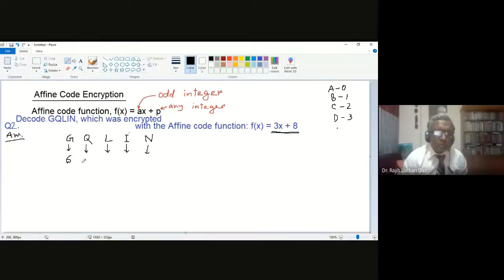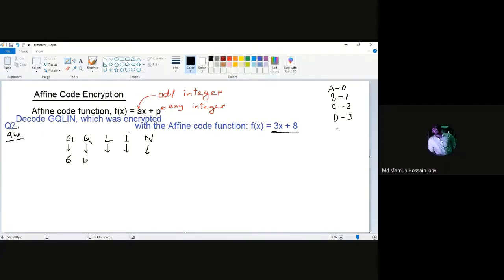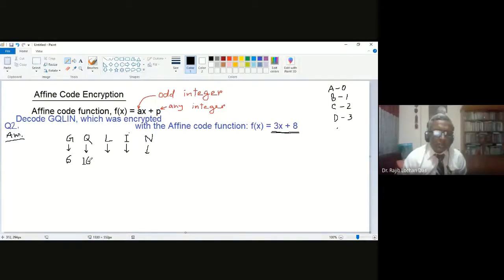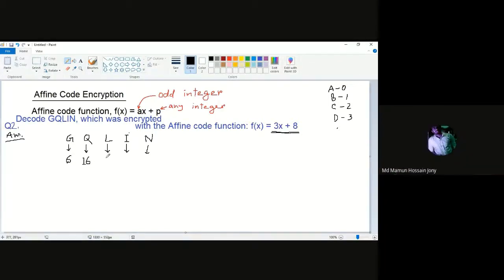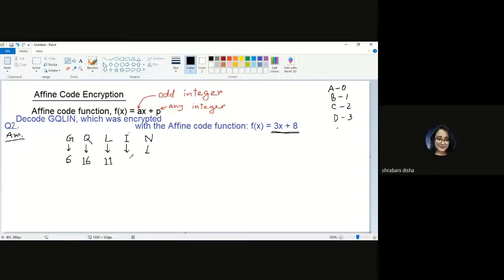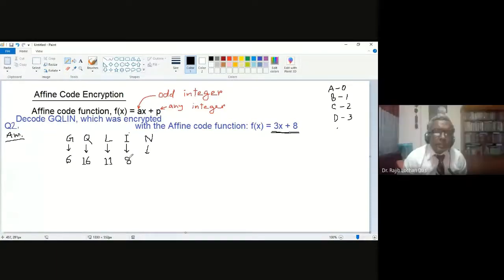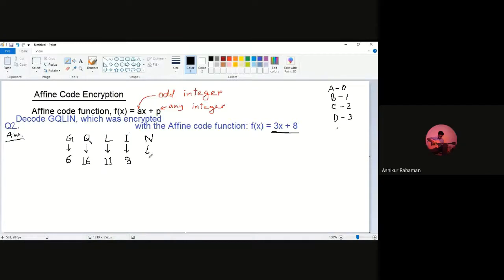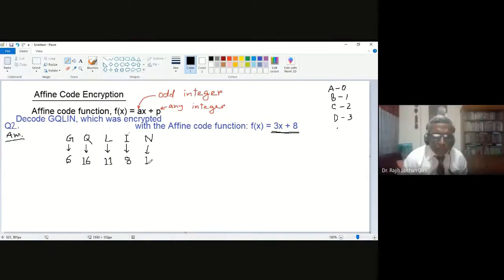What is Q? 16. Okay, 16. And what was L? 11, sir. Okay, good. And what was I? 8, sir. 8. Good. And what is N? 13, sir. 13. Okay. So these two steps are exactly the same. You are just putting the number from the alphabetic list. So this is very simple.